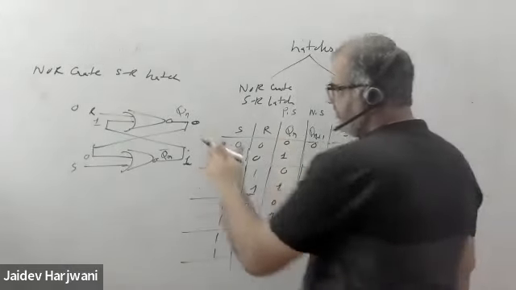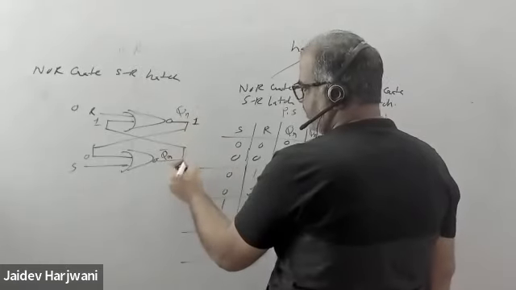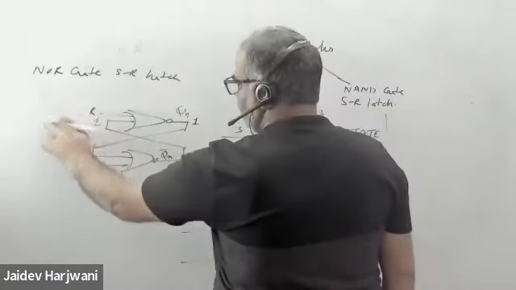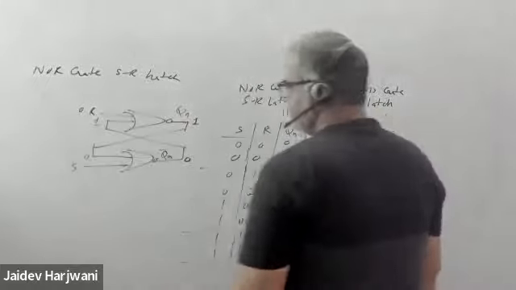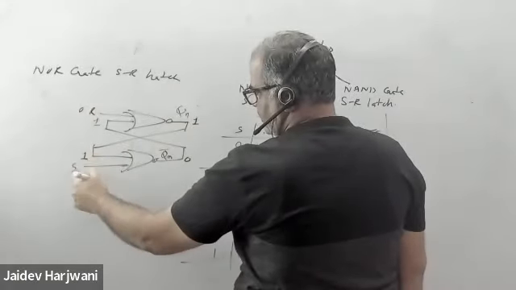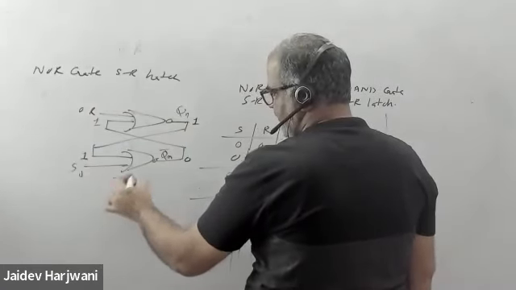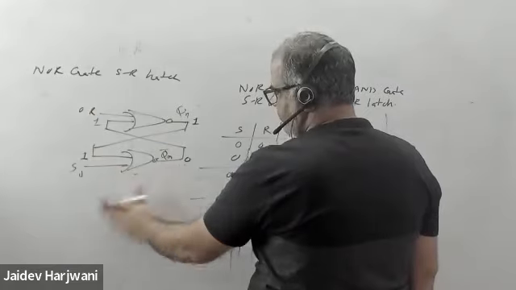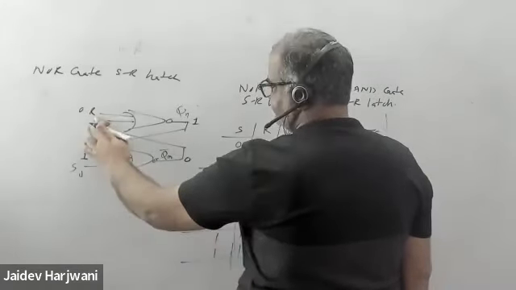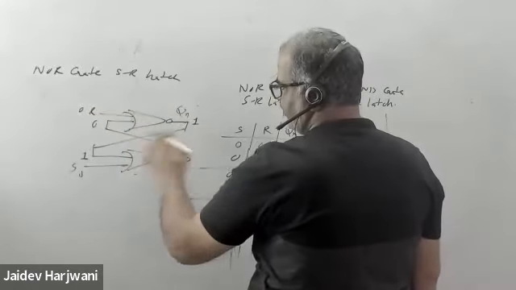Now suppose the initial state is 1, this is 0, and you are giving 0 0. What happens? This 1 is going here, 0 here, 1 plus 0 is 1, and the NOR gives 0. So you have 0 here, this 0 going here, 0 0 gives 1 here, 1 going again here.